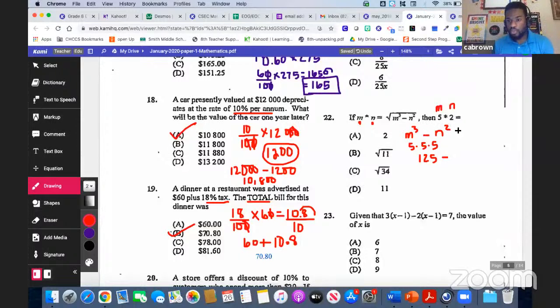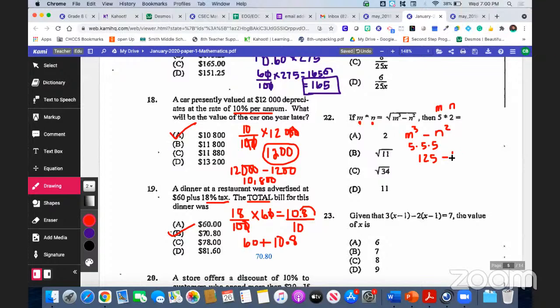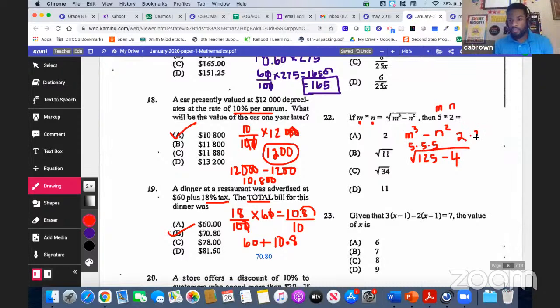And N is 2, which means 2 times 2, which is 4. So 125 minus 4, that's 121. And the square root of 121 is 11. So our answer is D. Basically what you're doing here is substitution.